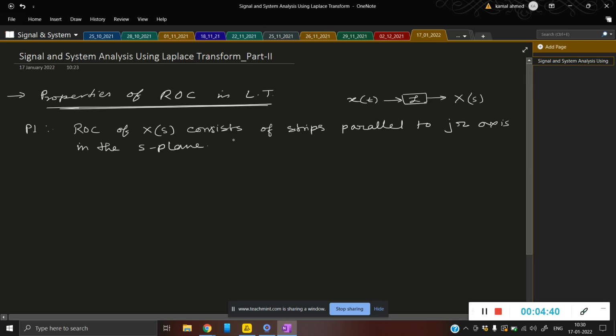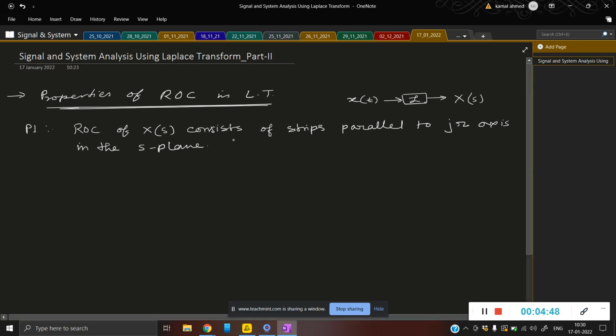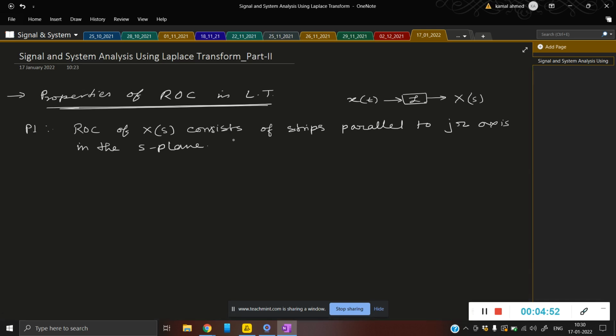So as per the first property, ROC always consists of strips parallel to your j omega axis. First of all, we have to know what you mean by strips. Can you tell me what you mean by strips?